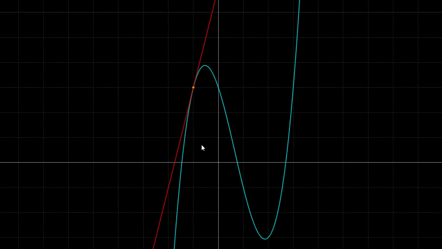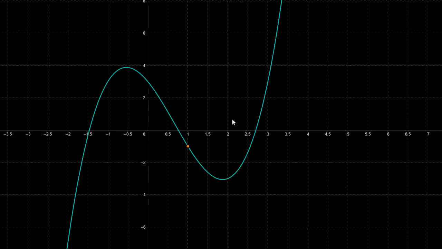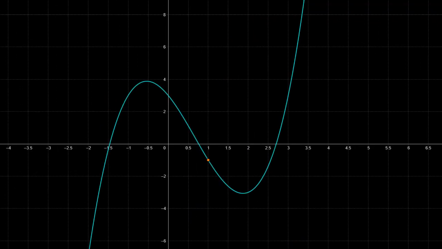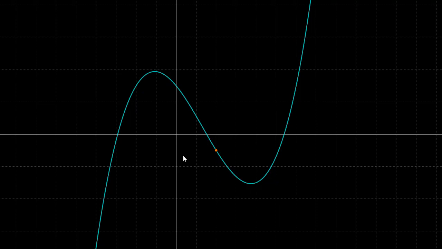All right, so here we have the tangent line is positive, right? The slope is positive, the line is increasing, and that corresponds exactly to where the function is increasing. However, if we move over here, at this point, this is where the function is decreasing.